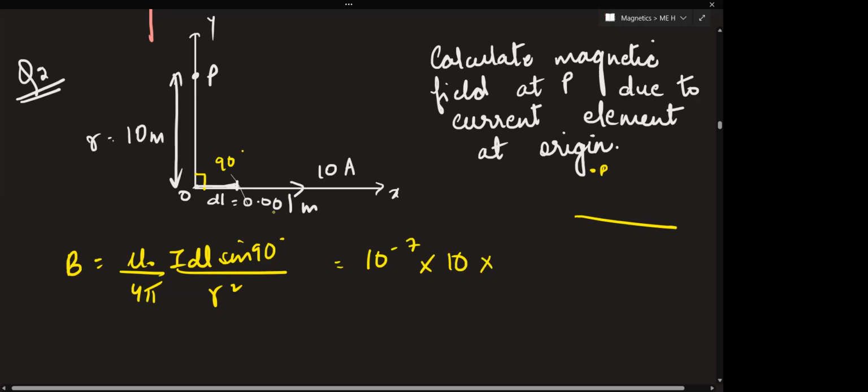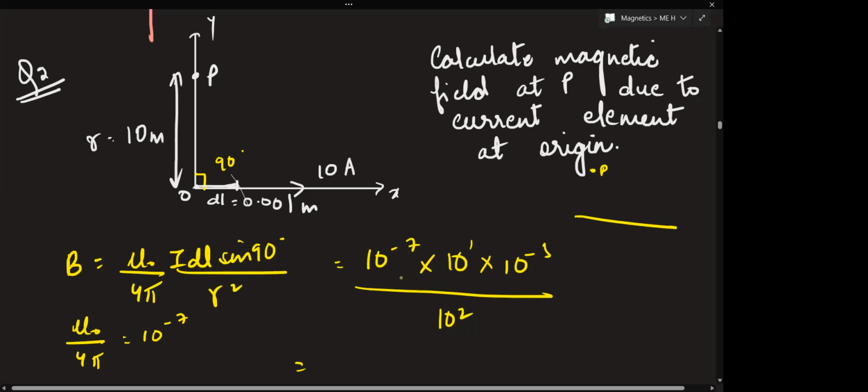DL is 10 to the power minus 3. This was already written above also. So R square means 10 square.